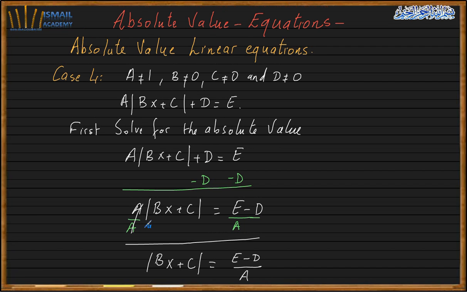You may distribute it if it's positive, but don't do that. Why? Because you're going to get used to it, and when it becomes negative, you're going to distribute the A. You see, an absolute value equals an expression, a number. We don't know if that number is positive or negative. You may end up having an absolute value equal to a negative number.